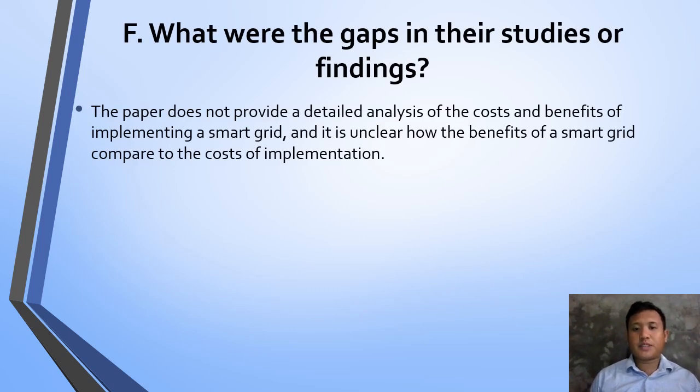What were the gaps in their studies or findings? So, we have here number one. The paper does not provide a detailed analysis of the cost and benefits of implementing a smart grid, and it is unclear how the benefits of smart grid compare to the cost of implementation.